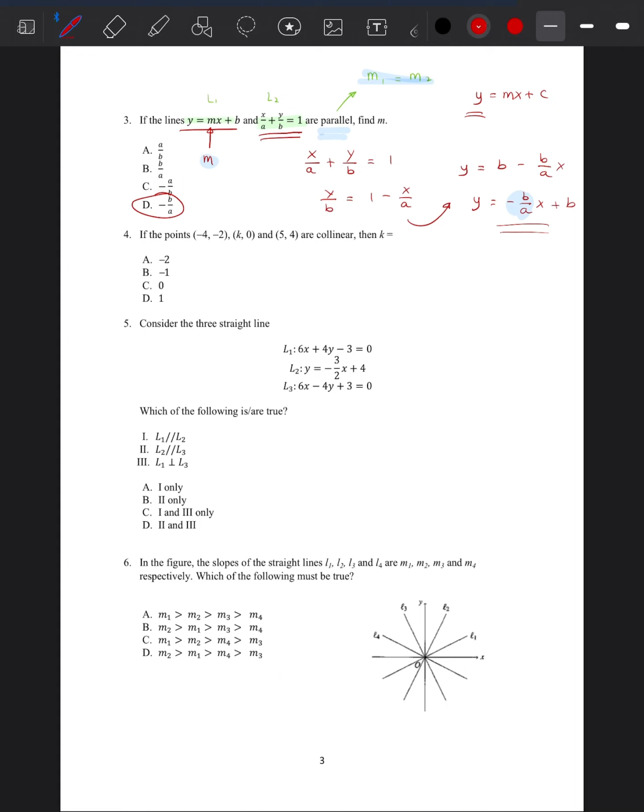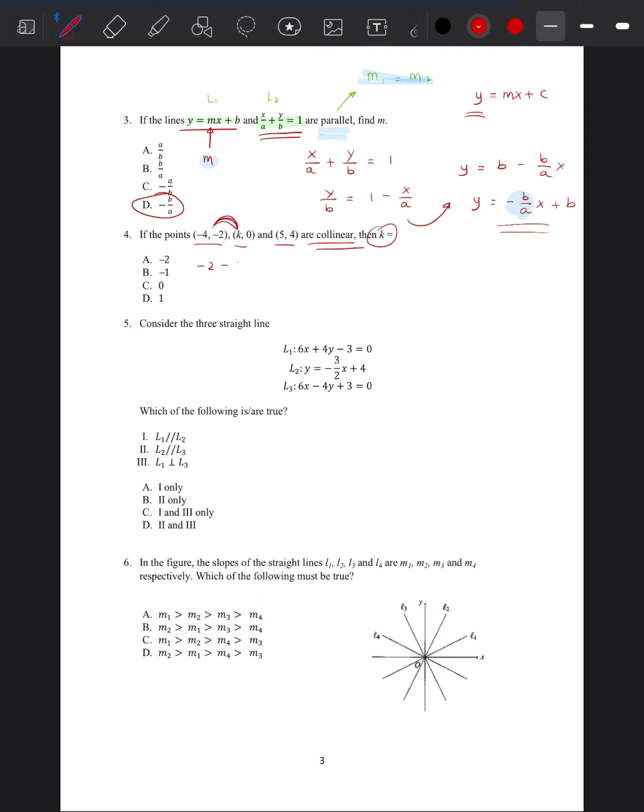And after that, question 4, it says this is collinear. So therefore, they're asking for k. So these 3 points, if they are collinear, then if we find the slope, they should be equal to each other because they are on the same line. So in this case, I will find the slope of these 2 points here.